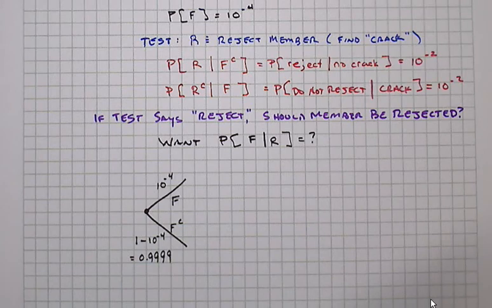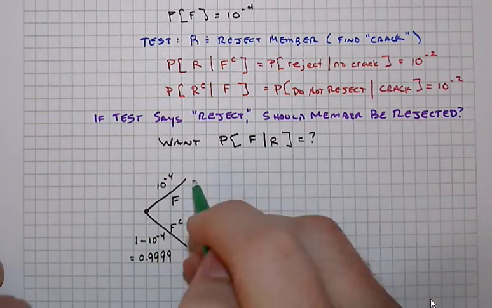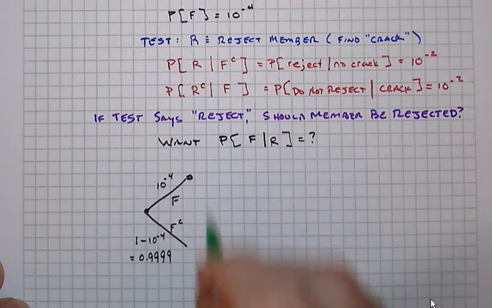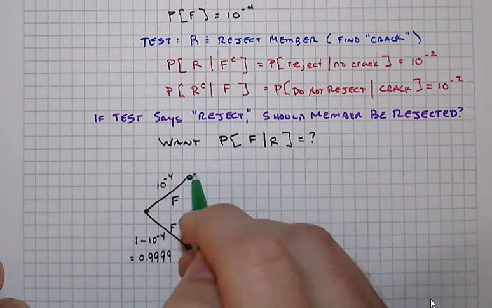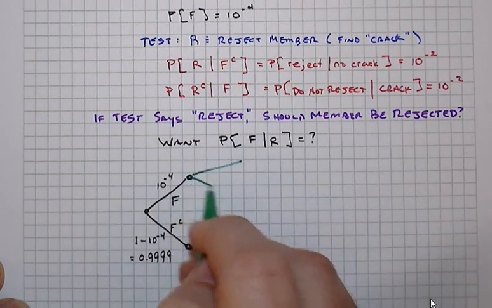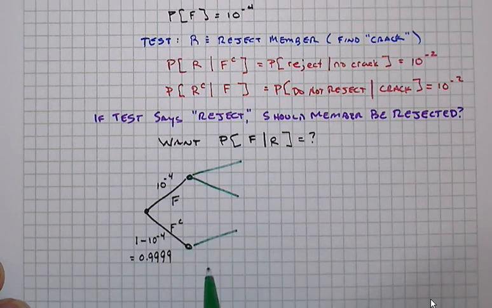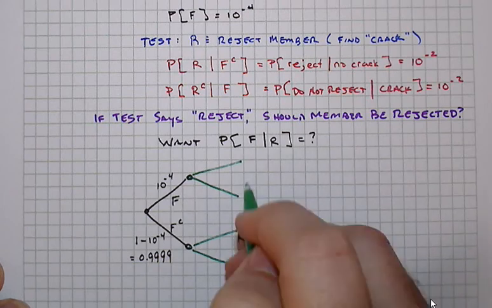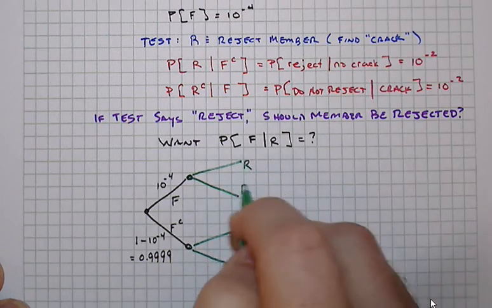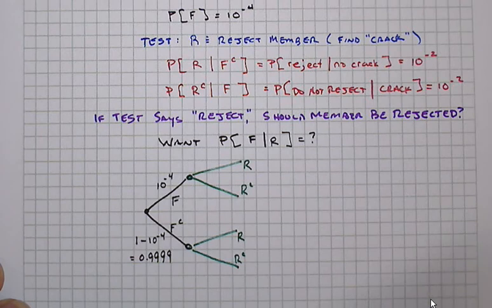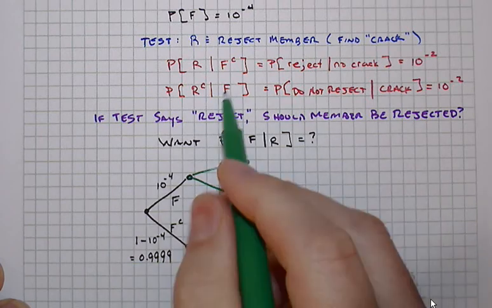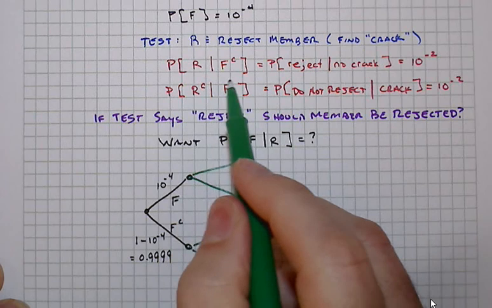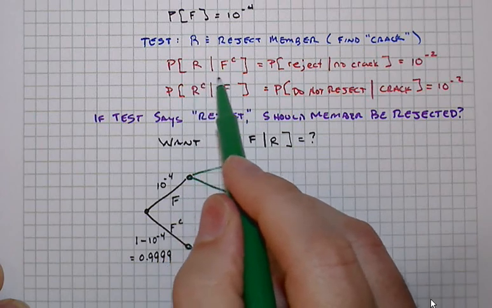And then last time we had a lot more branches on the tree to consider. Here we don't. Now we just have 2 in each case. We have reject or we don't reject.